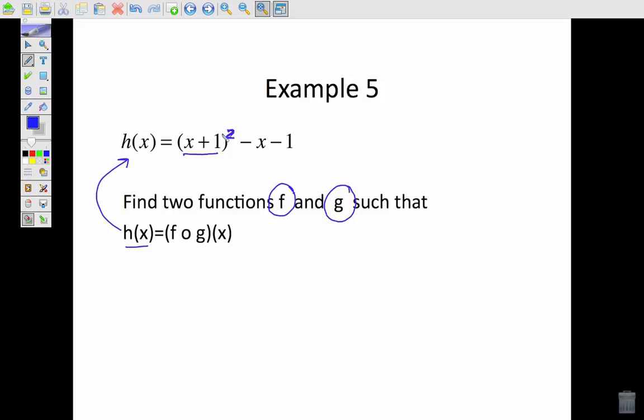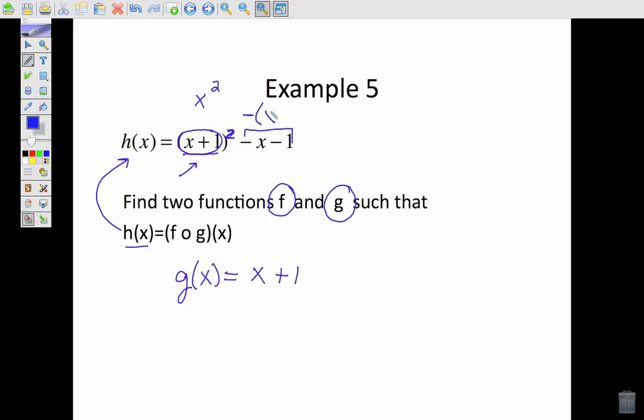You can see here I've got an expression being squared. Well, if I'm substituting a function in and I'm getting this as a result, this must be an x squared. Okay, and that means I've substituted x plus 1 in. So I'm going to conclude that g of x must be x plus 1.